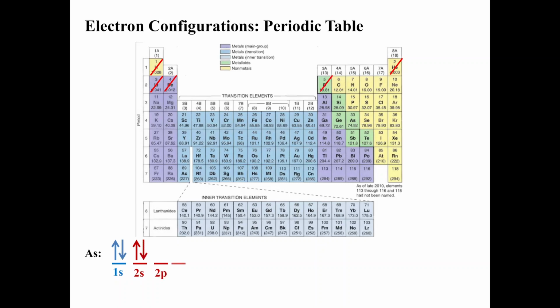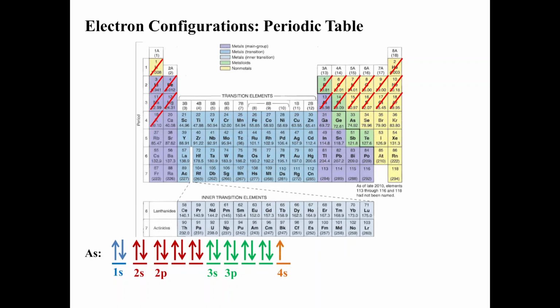Then beryllium, then boron will be starting our 2p's, carbon, nitrogen, oxygen, fluorine, neon. Then we go down a row to sodium, starting our 3s orbital, magnesium, aluminum, starting our 3p, silicon, phosphorus, sulfur is when we have to start pairing them up again, chlorine, argon.